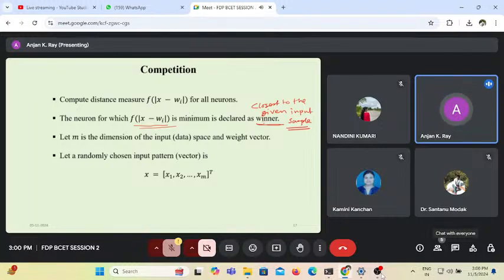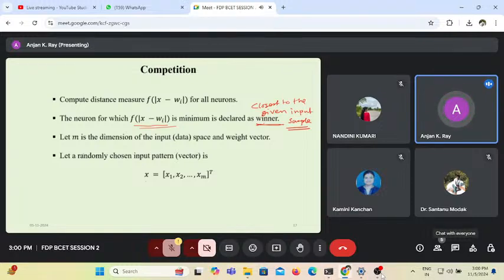So overall, the neural network training will be a failure. What we want is that all neurons get sufficient training for your problem. So we wish that for different input samples, different neurons become the winner.